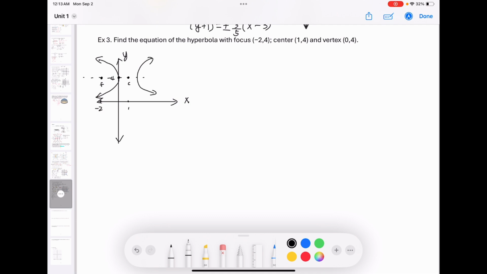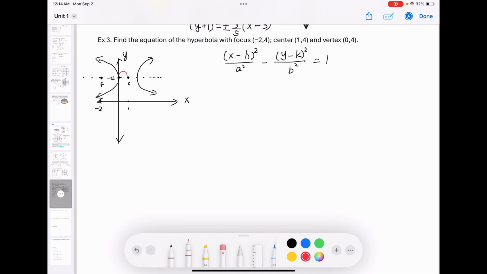Okay, I need to find the equation. The transverse axis is parallel to the x-axis, so the x perfect square is positive: x minus h squared over a squared minus y minus k squared over b squared is equal to 1. Let's find a, b, h, and k. h and k are given because the center is 1, 4. How about a and b? a can be found from the distance from the vertex to the center.